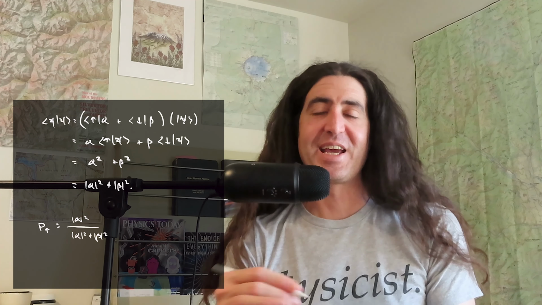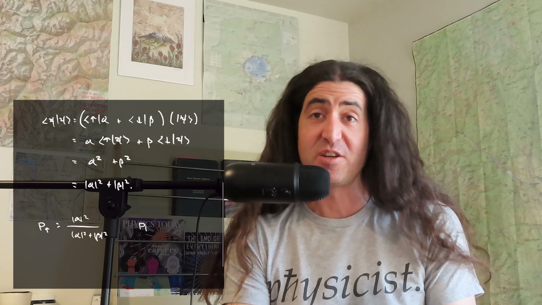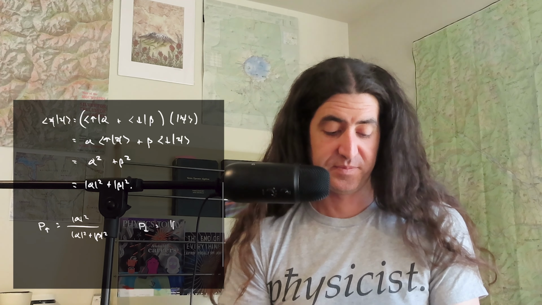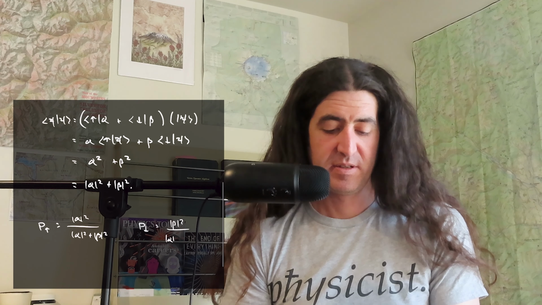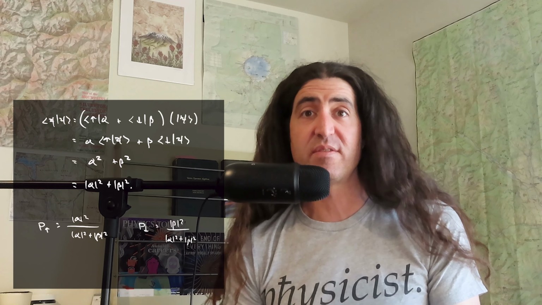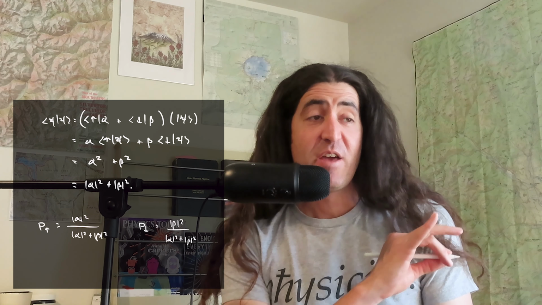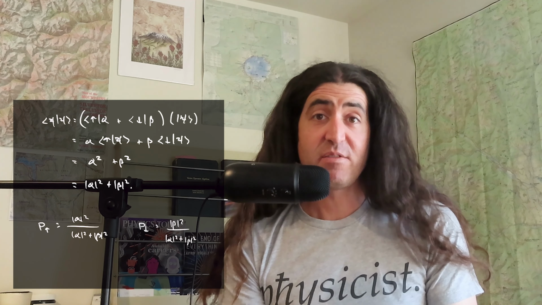Similarly, for the case of the down configuration, we just simply exchange the up with down in the numerator and find mod beta squared divided by mod alpha squared plus mod beta squared, which gives us the nice interpretation, right, that if we say, hey, we've got a two-level system, what's the sum of the probabilities for looking for the state in the up configuration and the down configuration?